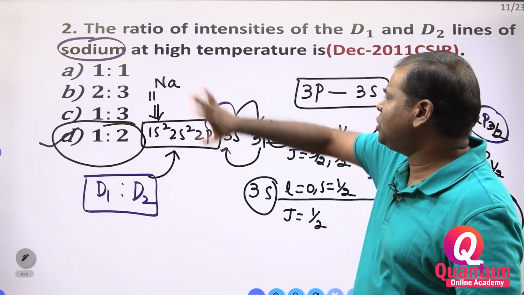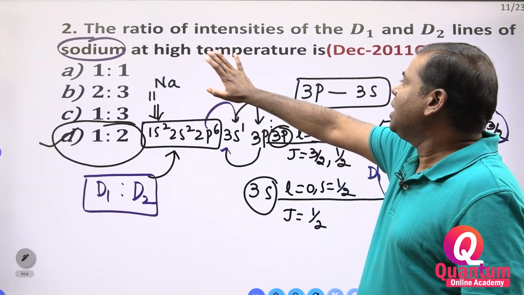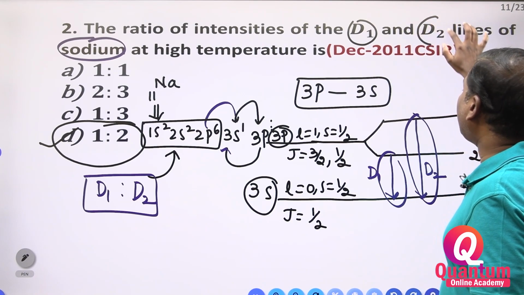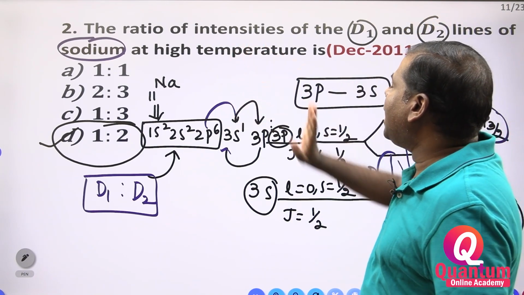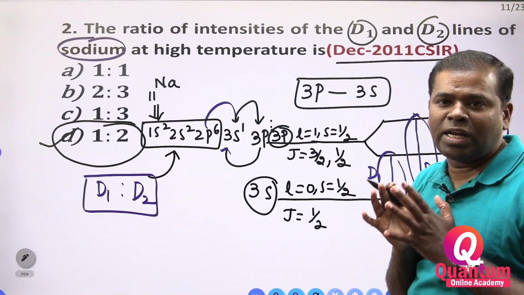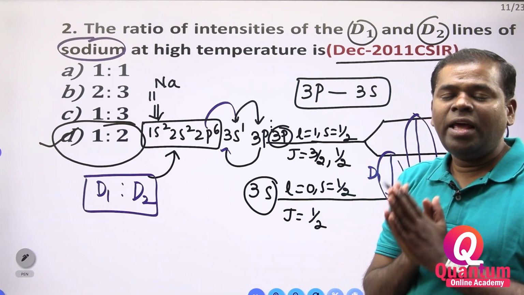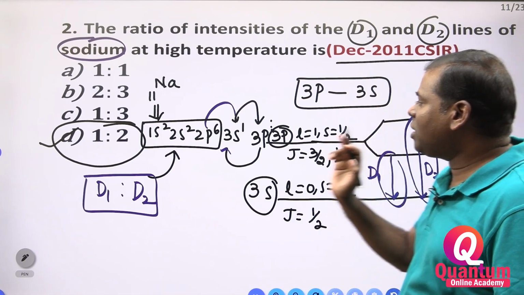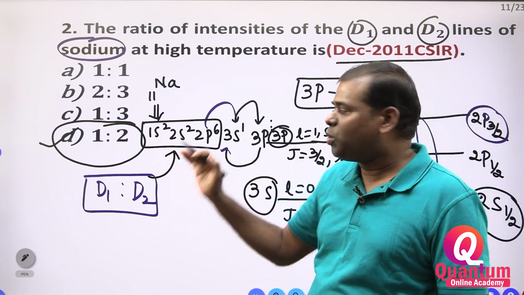In the December 2011 CSIR exam paper, they asked for the ratio of intensity of the D1 and D2 lines of sodium at high temperature. The answer is 1:2. Clear?